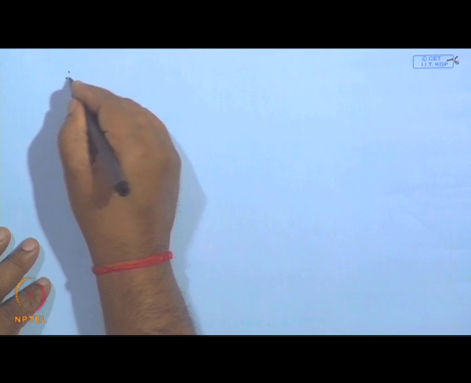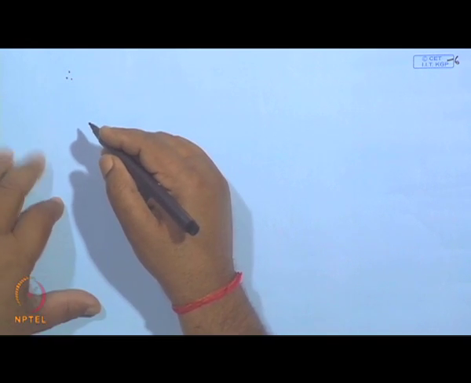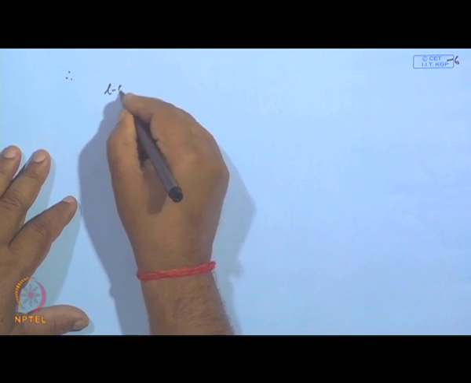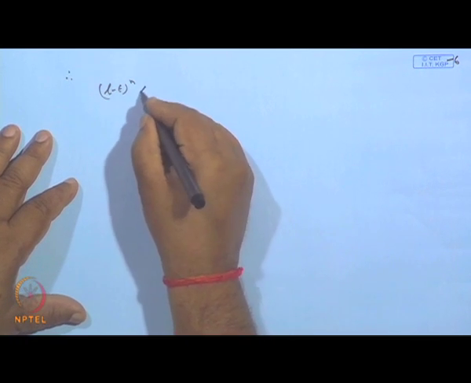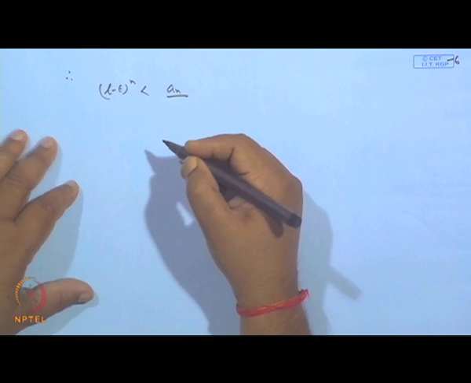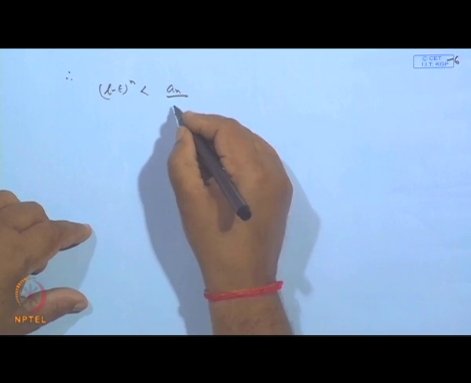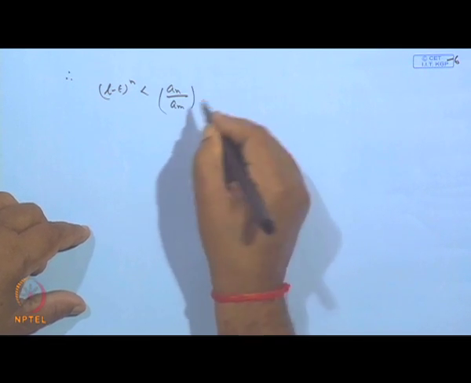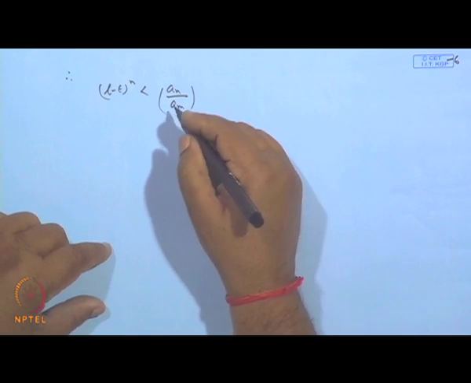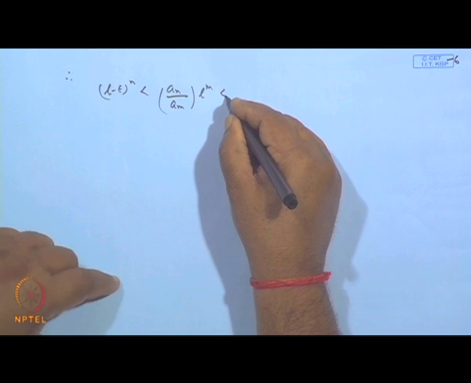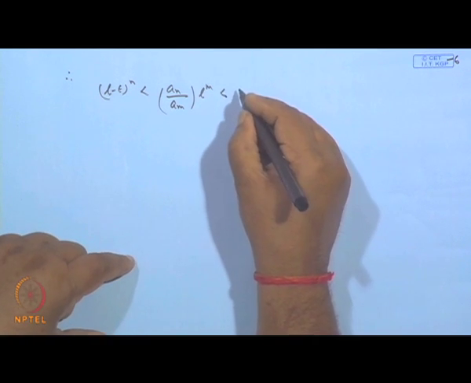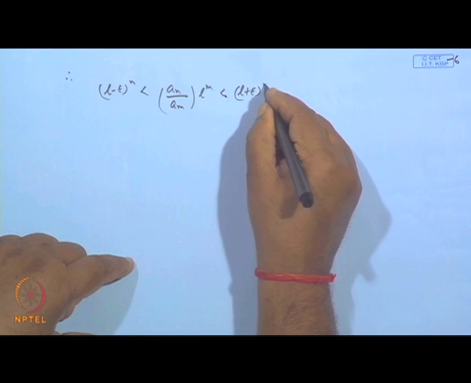So now from here we get (L minus epsilon) L to the power n is less than a_n over a_m, L^m, which is less than (L plus epsilon) L to the power n.